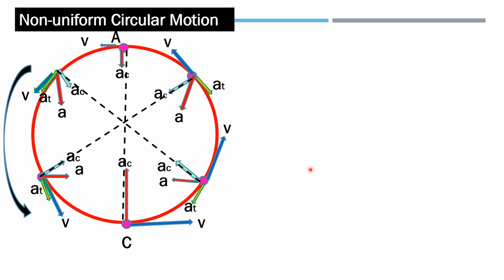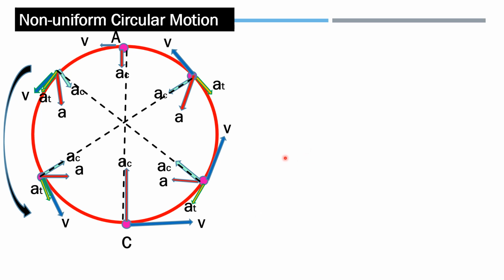In analyzing the situation for question number 2, we have here the enlarged version of the illustration, where the ball is moving along a vertical circular motion, which is considered a non-uniform circular motion. The direction of the circular motion is counterclockwise, indicated by this curved arrow.